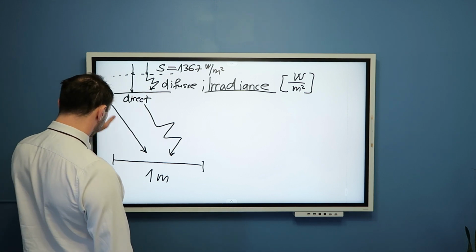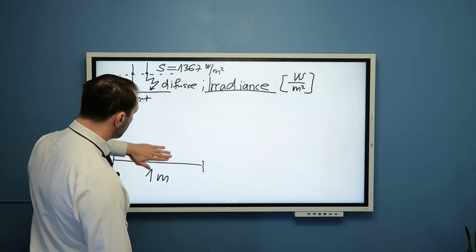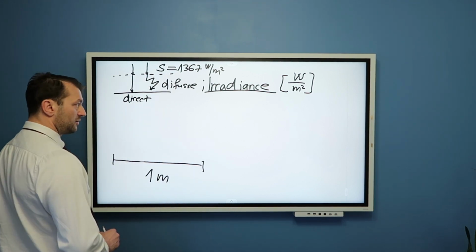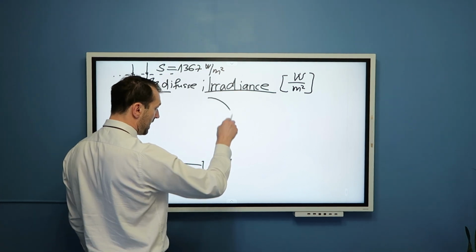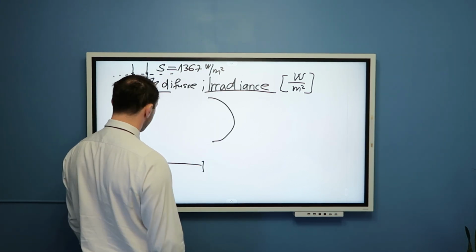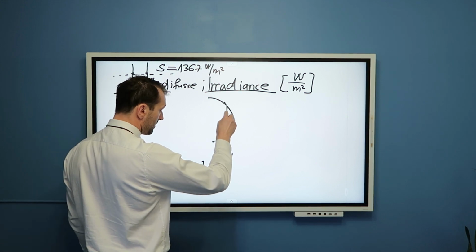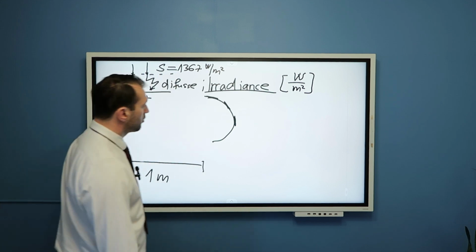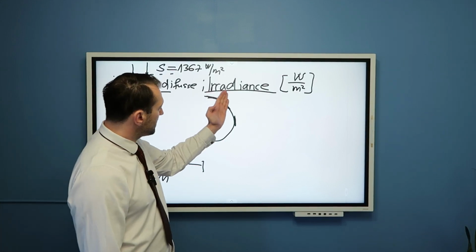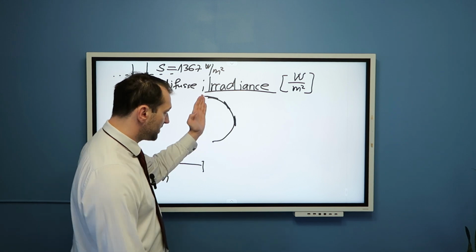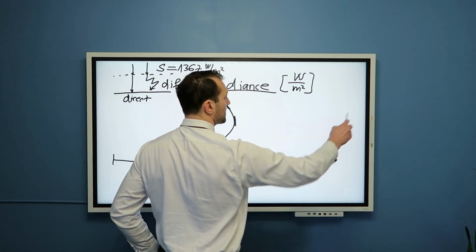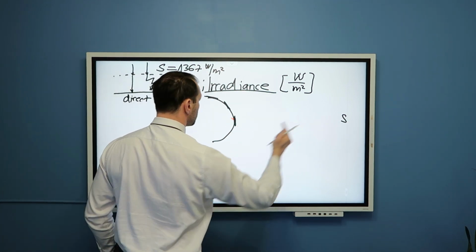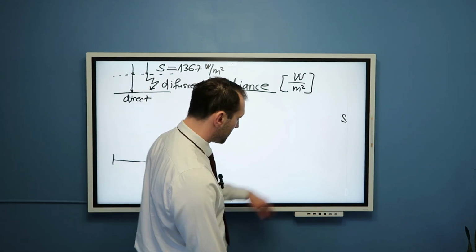You see, if I alter this figure a little bit, why would I alter this figure? Well, we know that our planet is round, so this would be 1/2 of the planet. And a horizontal surface here is not the same as a horizontal surface here, is not the same as a horizontal surface here. So the orientation of the horizontal surfaces is different with respect to the sun that is perhaps here far away. This would be indeed perpendicular to the sun, but these are not perpendicular to the sun.